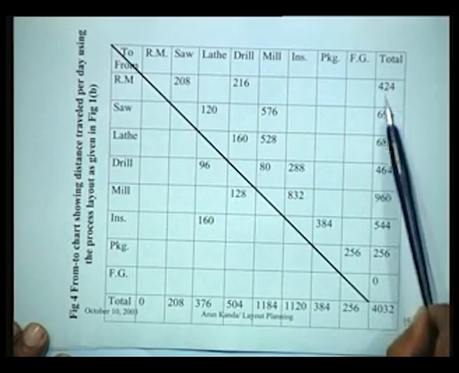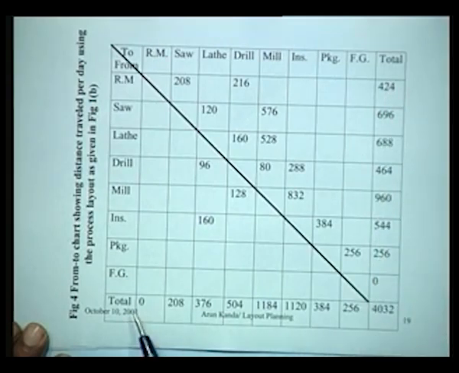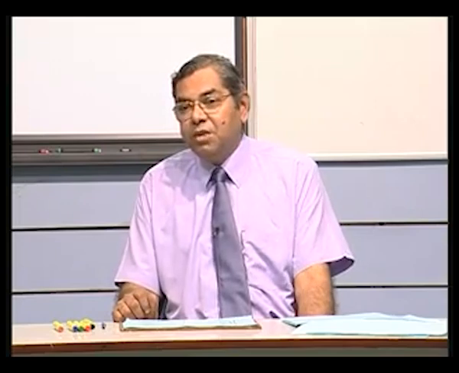So if you sum up these values, this column or this row, the total value is 4032. So it shows that the process layout which we are at the moment investigating has a total material handling effort of 4032. This is a significant development, because what have we done?